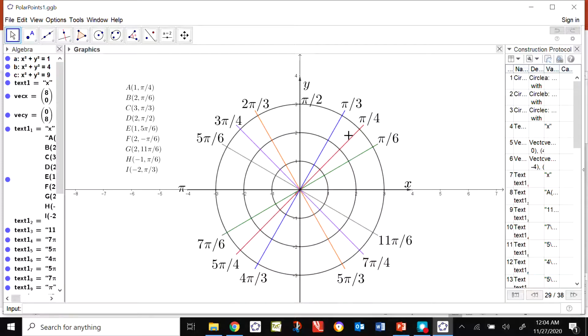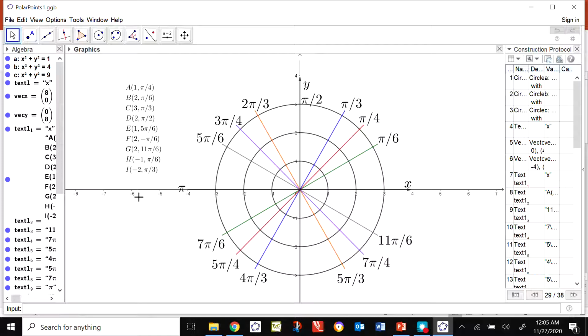Another one at 45 degrees, 60 degrees, 90 degrees, and then 120, 135, and 150. Similarly, add 30 to this: 180, 210, add 45, 225, add 60, 240. All these different angles, I drew.